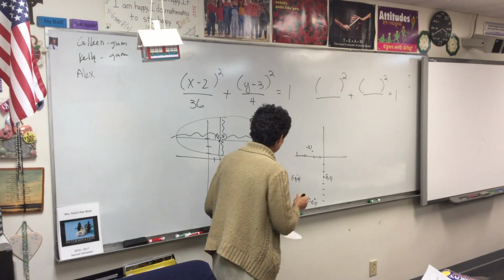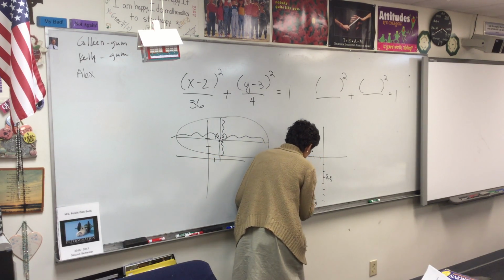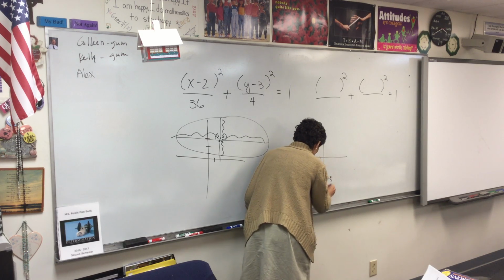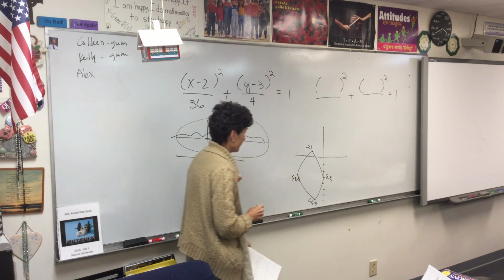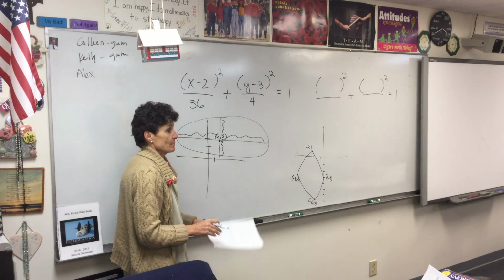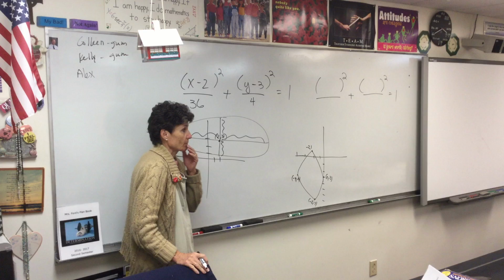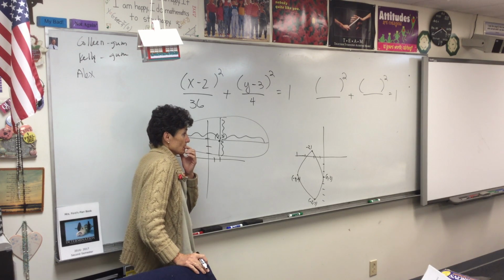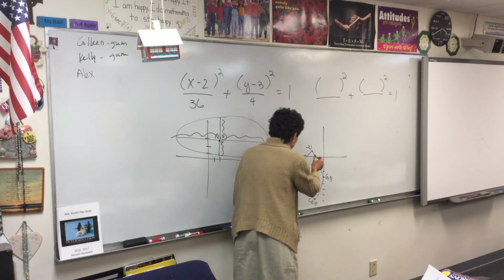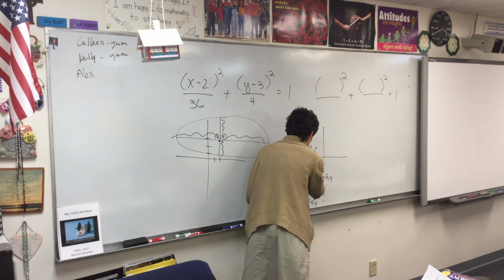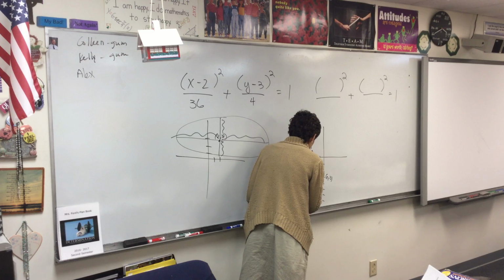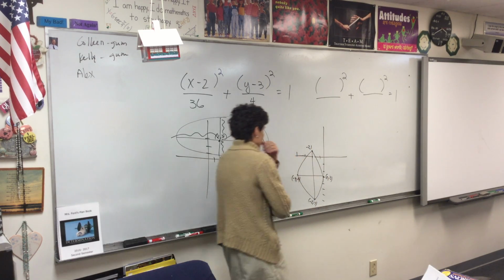Thank you. So here we go. This is what they told me. That's what they told me. How am I going to get the numbers to fill in my equation? Here's my major axis, and here's my minor axis.